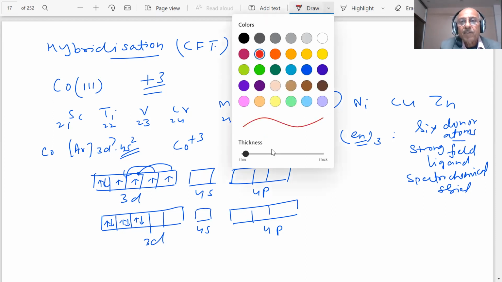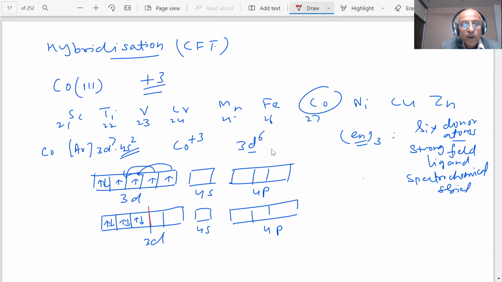Let me change the color of this. So students, you have these 6: 1, 2, 3, 4, 5, 6. So these electrons can come on this. What hybridization is there, students? Then you are getting pairs of electrons.